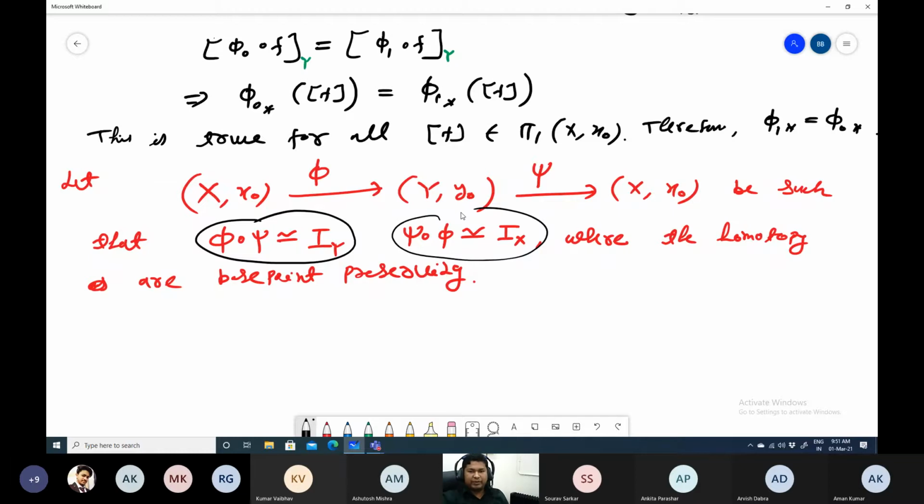And we have seen from the previous part that if they are base point preserving maps and they are homotopic, then their stars are equal, right?